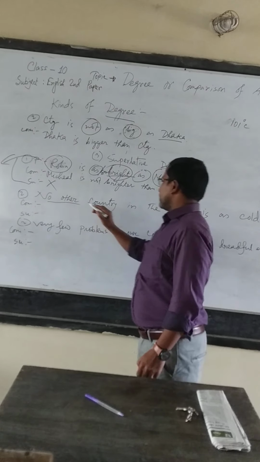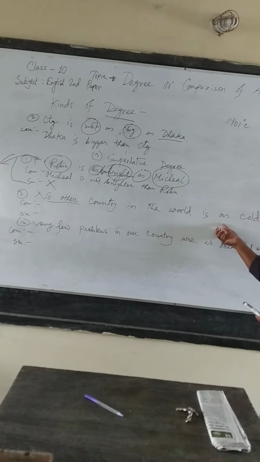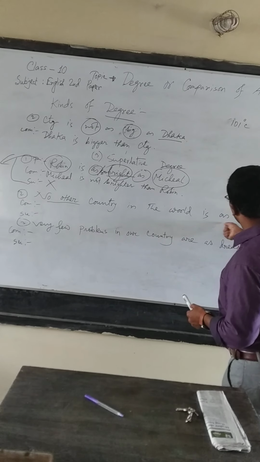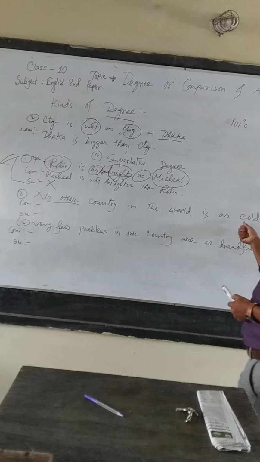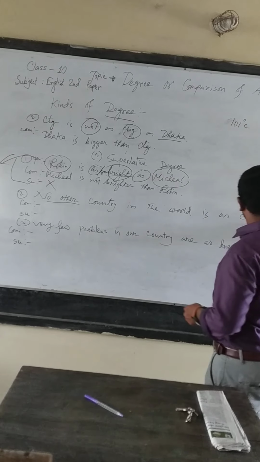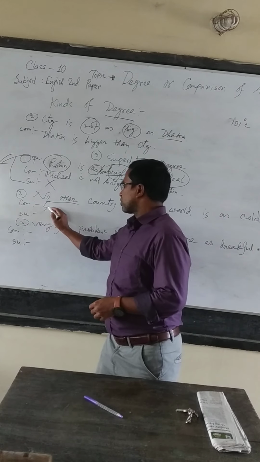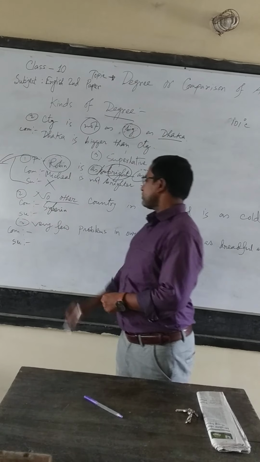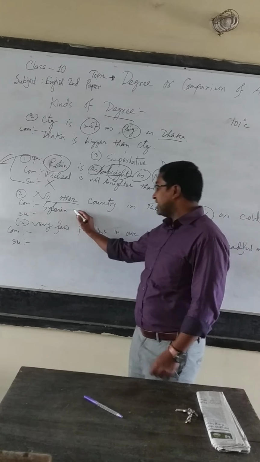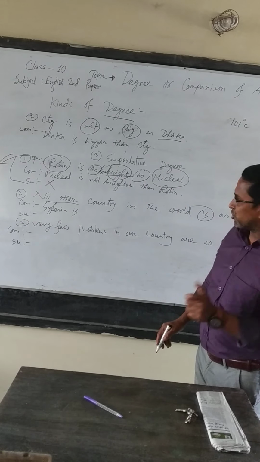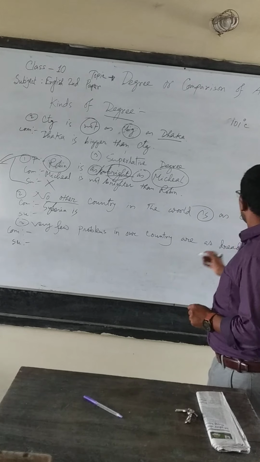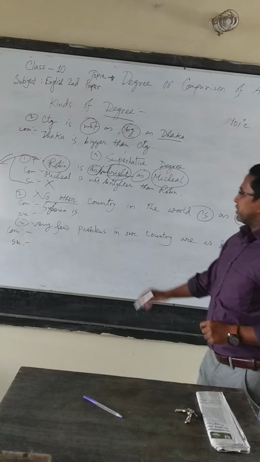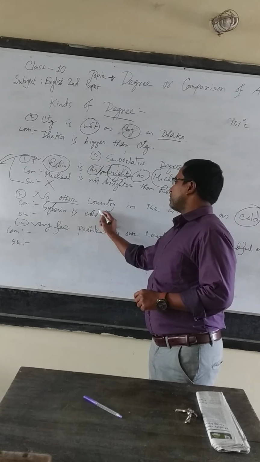You can see it is positive, because you can see as or so plus positive form of adjective, then as and the subject. So dear students, what is the subject here? Siberia. So I wrote Siberia. Then what is the verb here? Is. Siberia is, then the comparative form of the adjective. Here the adjective is cold.